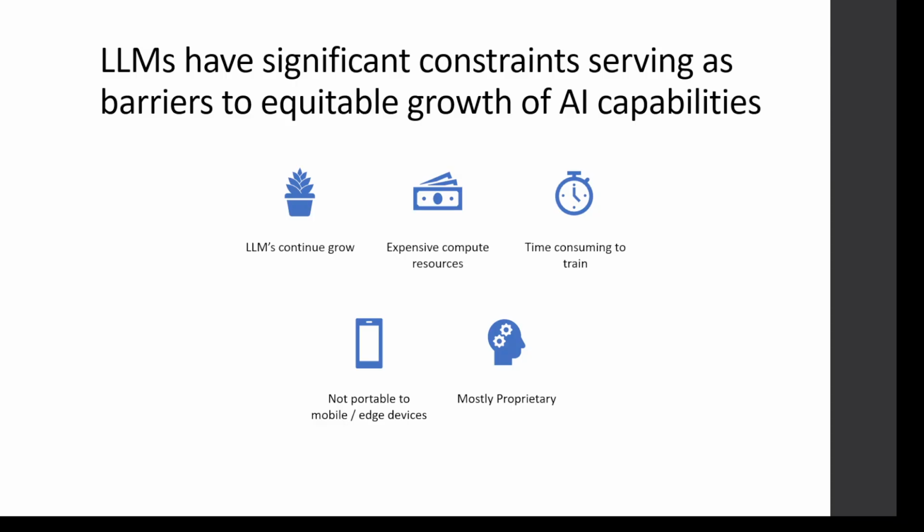They often come with usage fees and restricted access, making them less attainable for individuals and perhaps smaller organizations. Also, there are some data privacy and security concerns as data has to be uploaded to the cloud for processing. So the constraints of accessibility, cost, and adaptability present some significant challenges in leveraging the full potential of proprietary large language models.